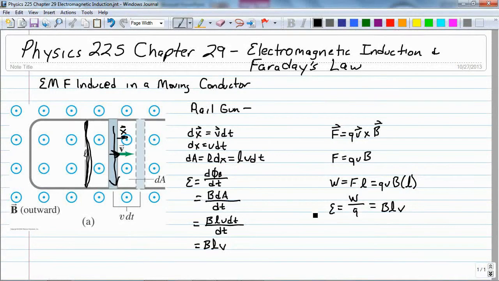So we came up with this in two different ways, came up with the same answer.